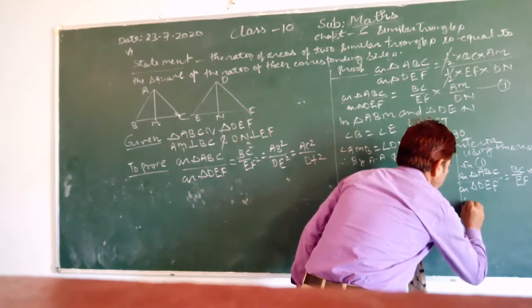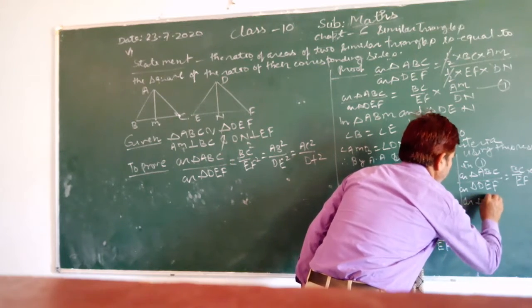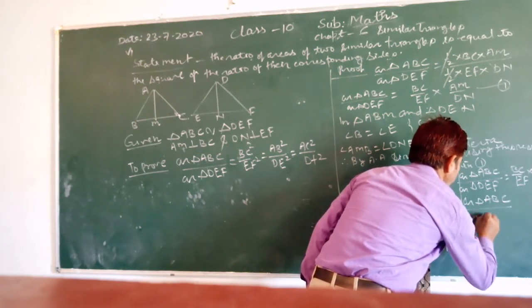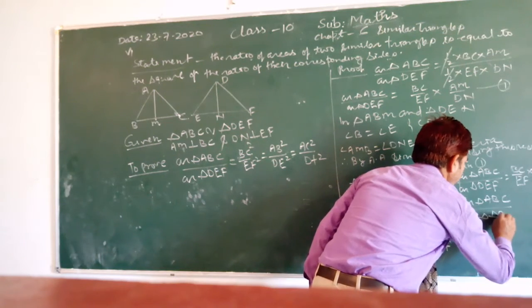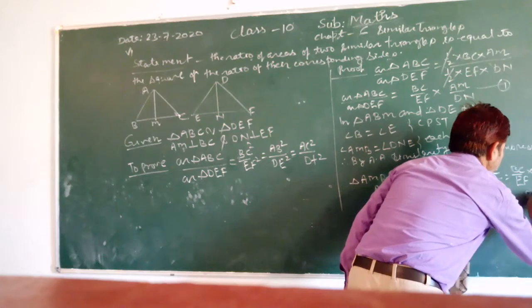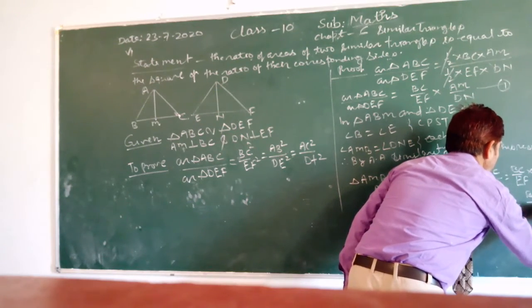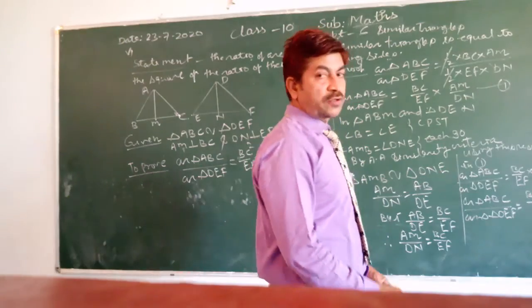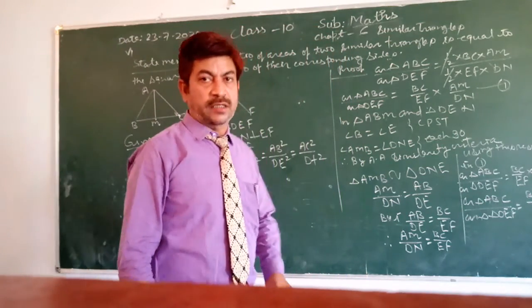Then area of triangle ABC upon area of triangle DEF is equal to BC square upon EF square.